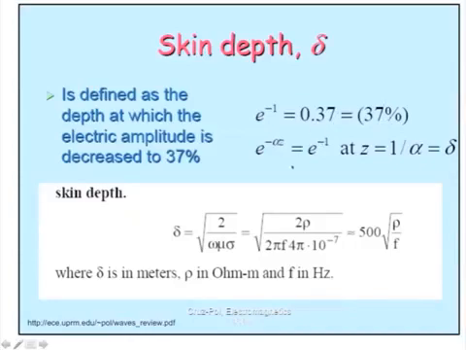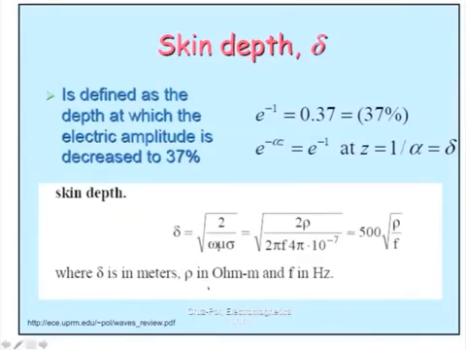So e to the minus alpha z is equal to e to the minus 1, and at z equals 1 over alpha, we have our skin depth. Now, what material properties determine skin depth?